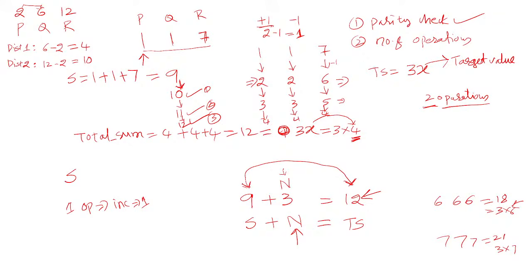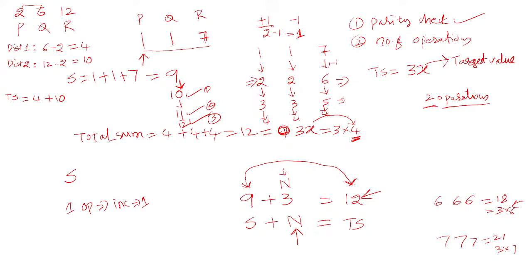So that means what is the total distance the first number has with the other two numbers? It is nothing but 4 plus 10.